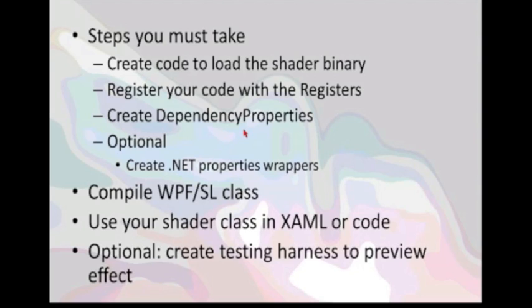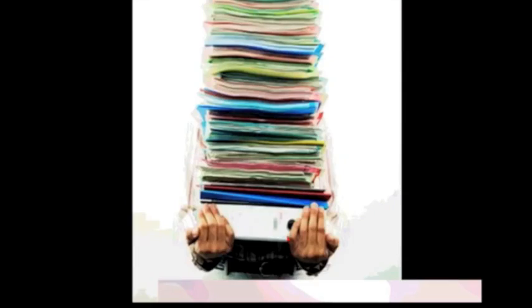I need to optionally create some .NET property wrappers. I need to compile my WPF and Silverlight class. I need to use my shader class in my XAML code. And if I want to see what it looks like, I have to run the application and actually demonstrate it and wire up animators and things like that. And there's a lot of steps involved in that.